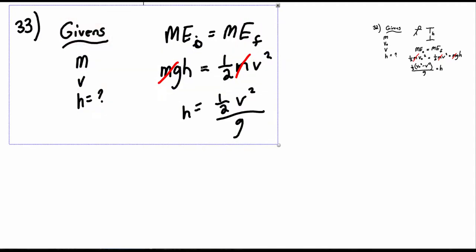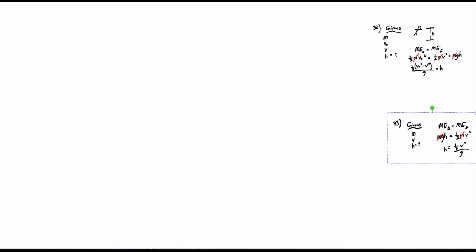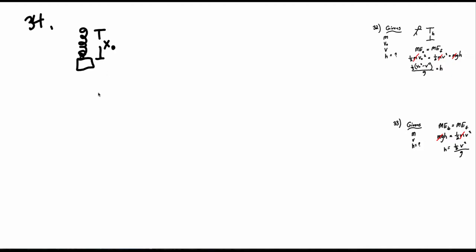So let's look at the next question, which is 34. We have a light spring. The unstretched spring has a length of 35 centimeters, so I'm going to call that x naught, 35 centimeters. Let's list our givens.